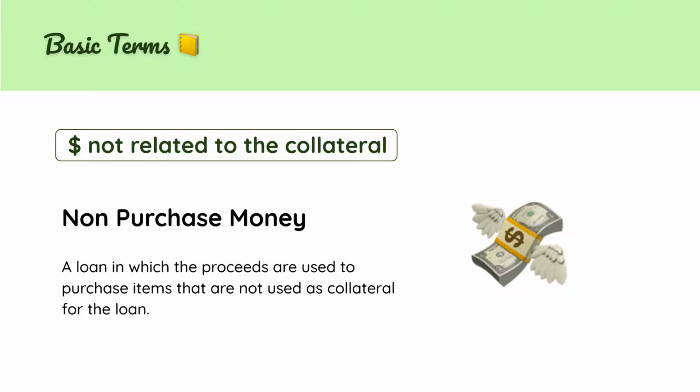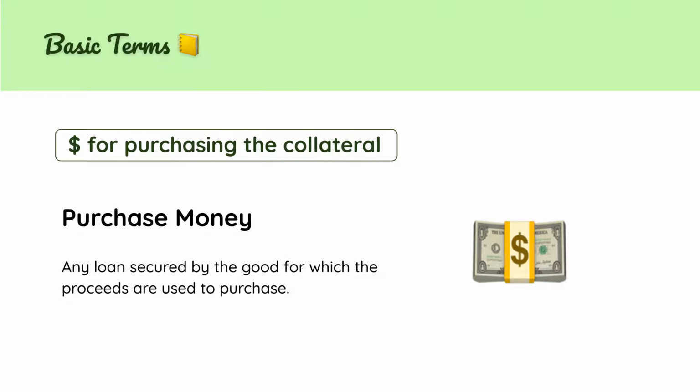Now let's talk about non-purchase money, which is a loan in which the proceeds are used to purchase items that are not used as collateral for the loan, while purchase money is any loan secured by the good for which the proceeds are used to purchase. For instance, an auto loan.